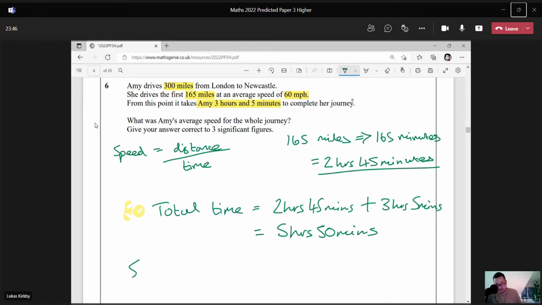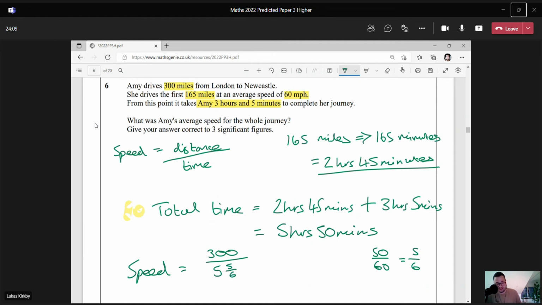So the speed is going to be distance, which is 300, we knew that, over time. Now let's write this in hours. Now 5 hours and 50 minutes, well there are 60 minutes in an hour, so 50 out of the 60 is the same as 5 out of 6. So this is going to be 300 divided by 5 and 5/6.